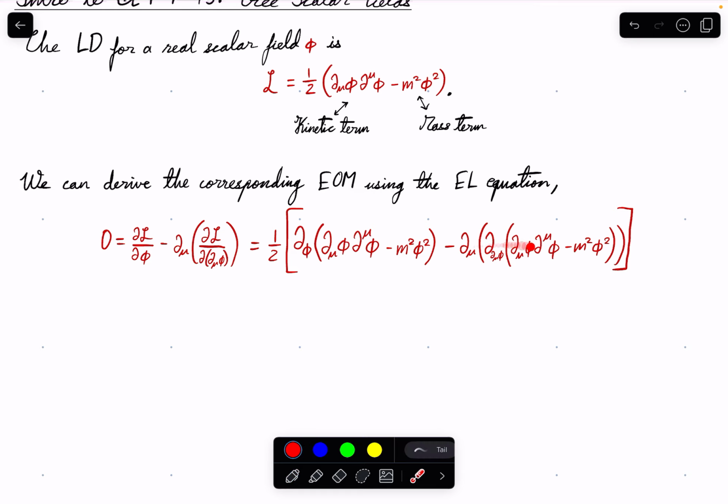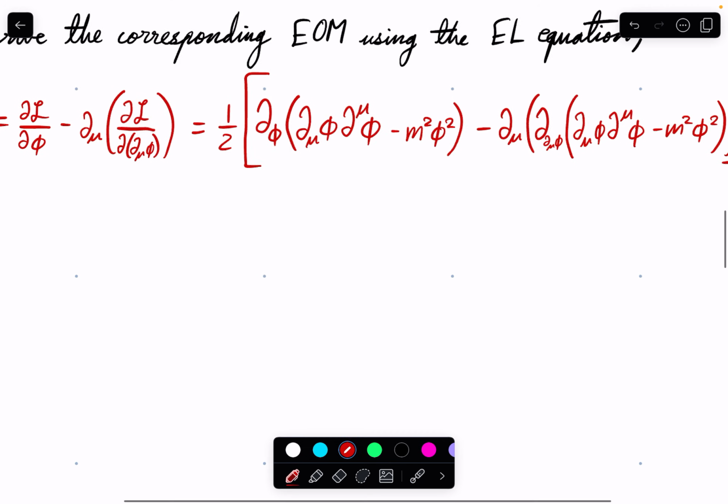Now the next step is to actually carry out derivatives here. The easiest derivative to carry out will actually be this one, because this is the derivative with respect to phi. There's only one term here that depends on phi, and that's this term right here. These depend on the gradient of phi, so not on phi itself. So we have 1/2, then this term will go to 0, and you'll have a 2 come down here, cancel with this 1/2.